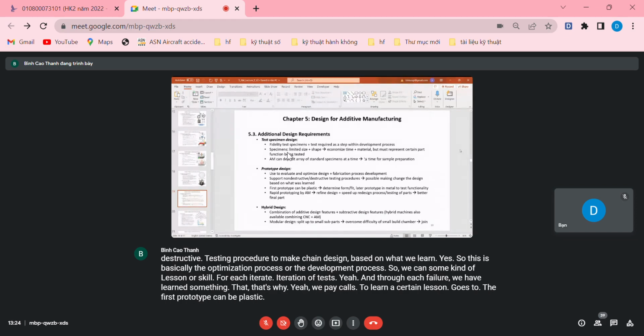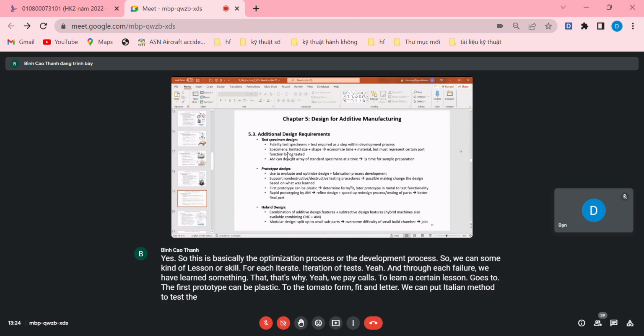The first prototype can be plastic to determine the form fit, and later we can prototype in metal to test the functionality. So this is the initial purpose of additive manufacturing.